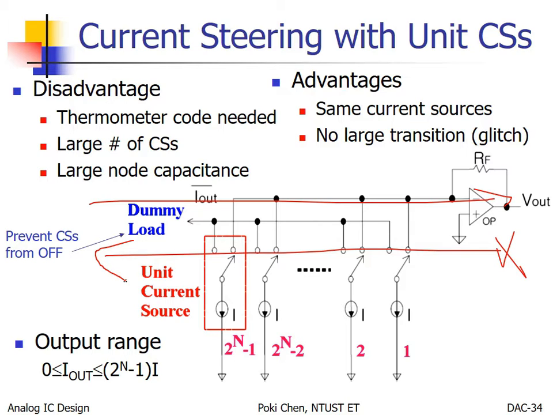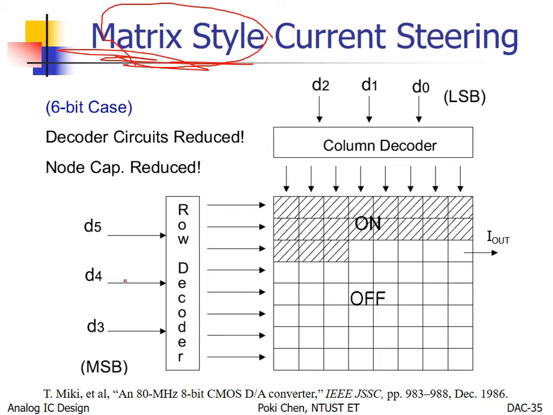That is the logical thinking. However, to reduce the size of such decoders, this is a very good way. Now the current sources are not arranged to be a long line. They are folded to become a matrix.